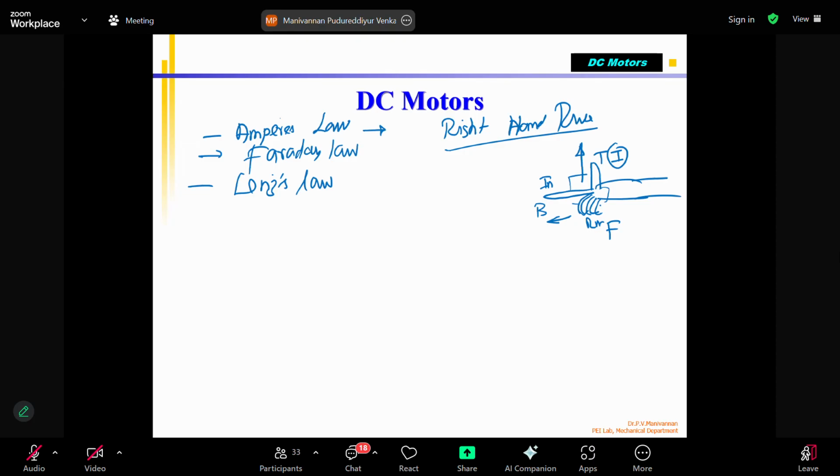The next one is Faraday's law. Faraday's law talks about how much force is created.